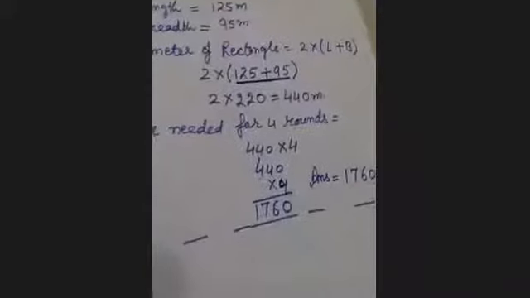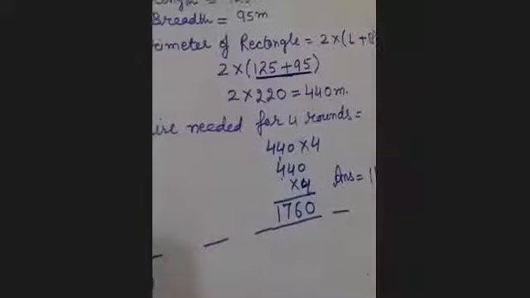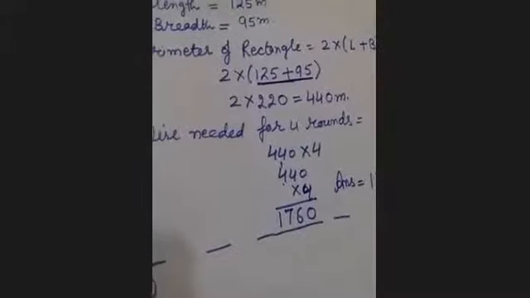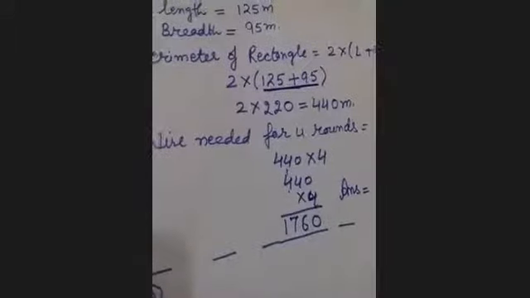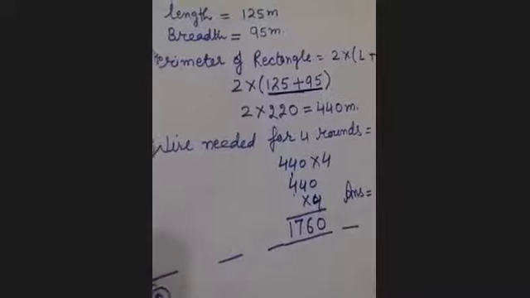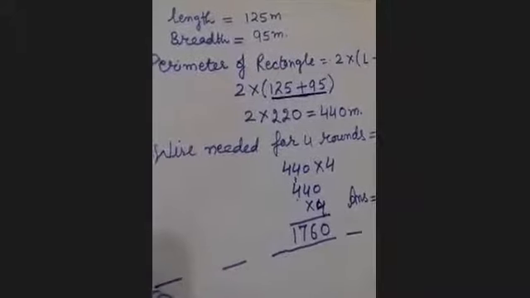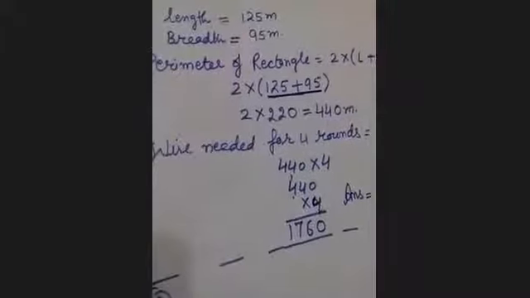In 10th question, find the cost of fencing of square park of side 150 meter at the rate of rupees 6 per meter. Now find the cost of fencing of a square park.